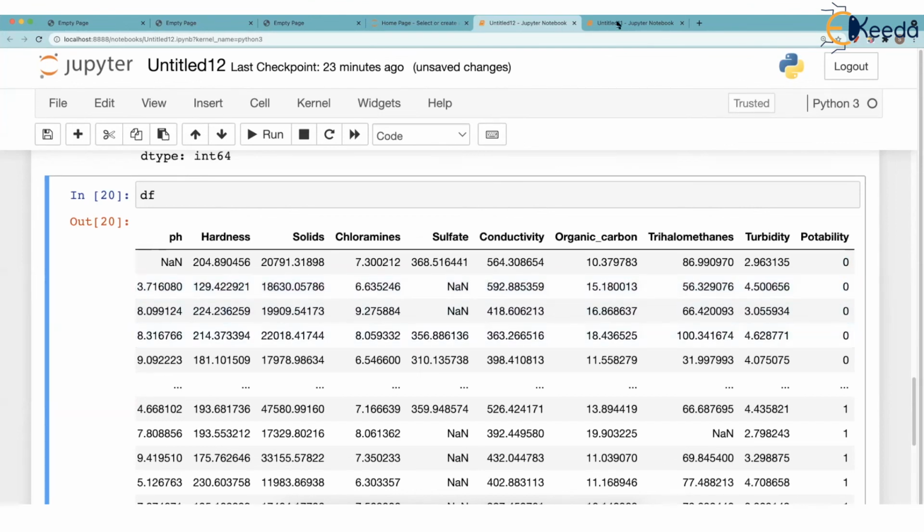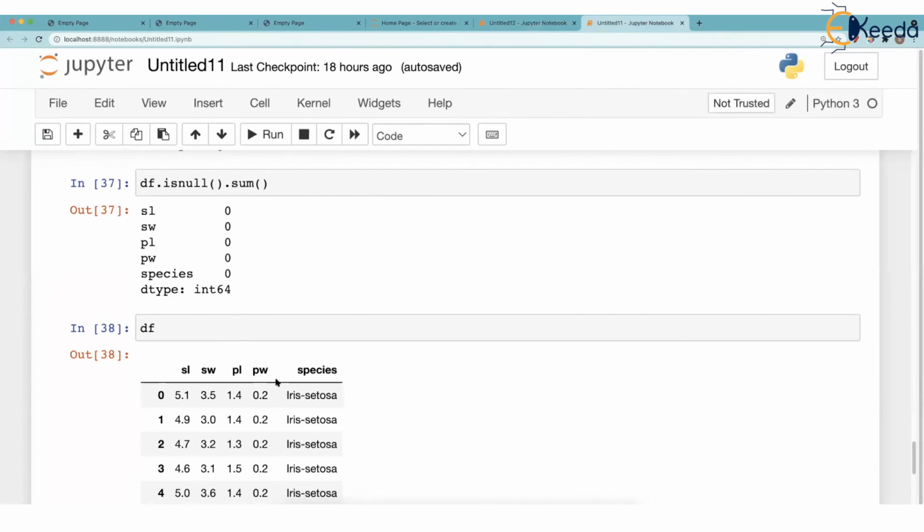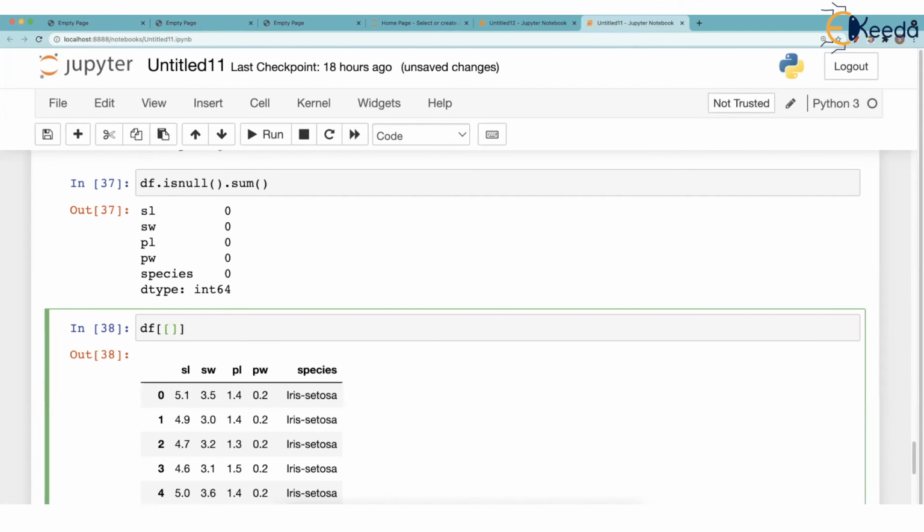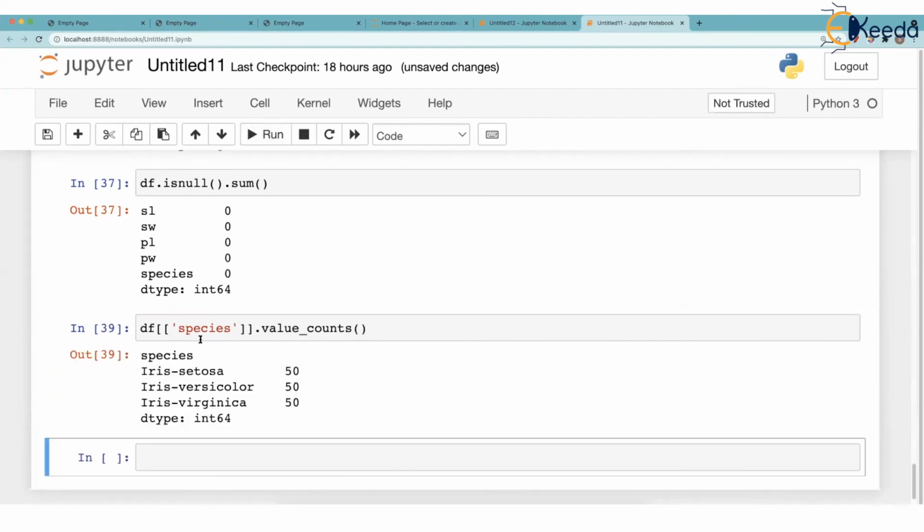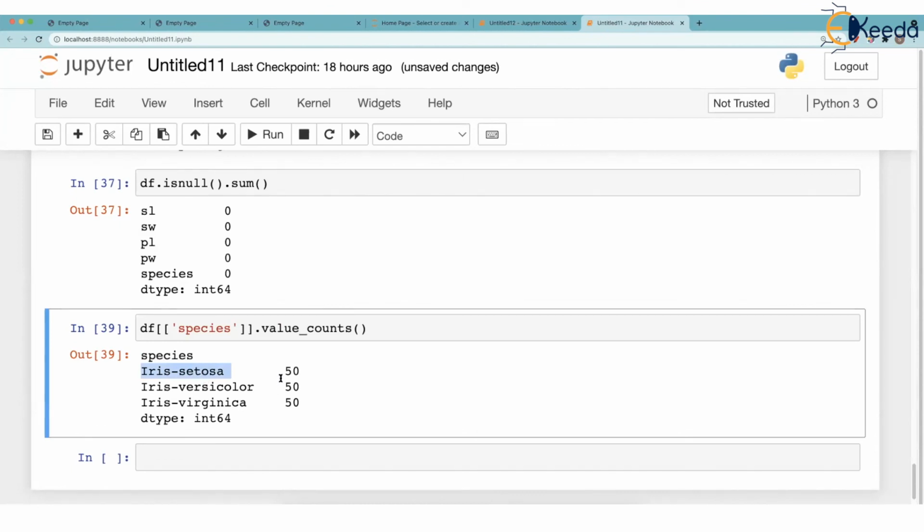So just as in our iris example, if I give DF square bracket species, dot value_counts, it will tell me that in the species column, iris setosa occurs 50 times, iris versicolor 50 times, virginica 50 times.